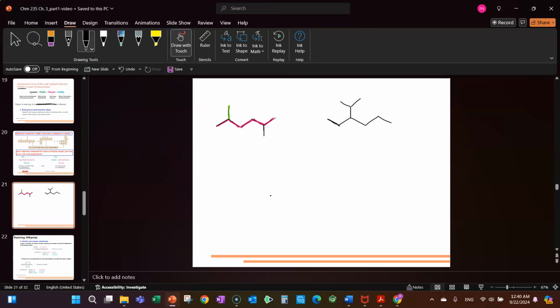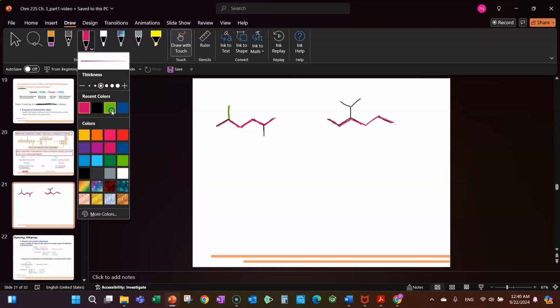So if you have a chain like this, right? If you look, this one also has a chain which has got 6 carbon atoms as the longest chain, right? If you have 1, 2, 3, 4, 5, 6, or 1, 2, 3, 4, 5, 6. If you use this straight chain here, 1, 2, 3, 4, 5, and 6, this is a 6 carbon atom long chain.